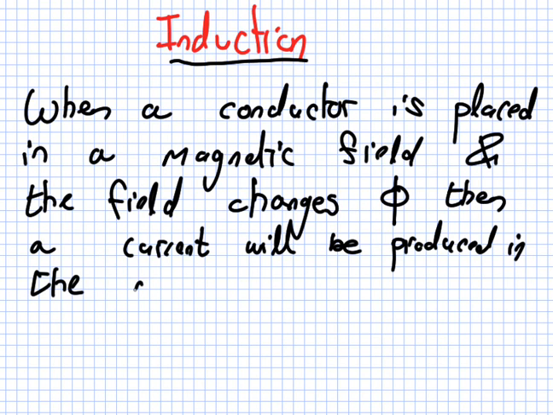So in fact, if you had a conductor in a magnetic field and you made the magnetic field stronger or weaker, then you'll have a current running through the conductor.